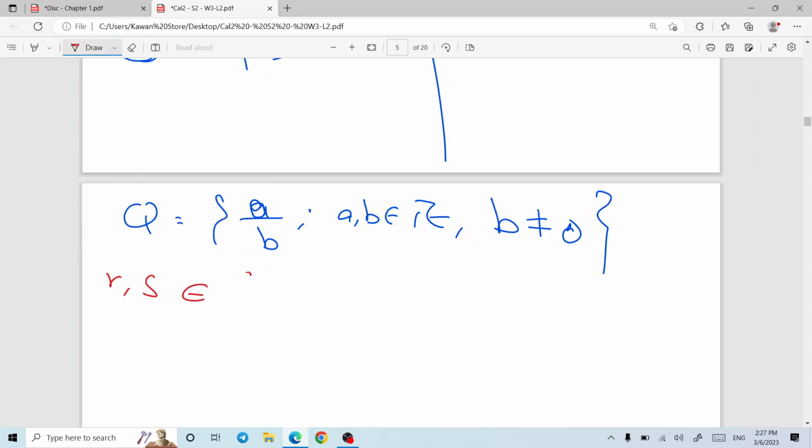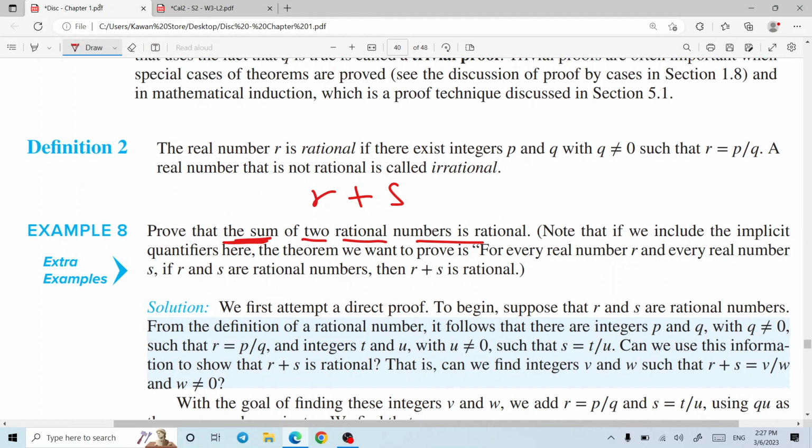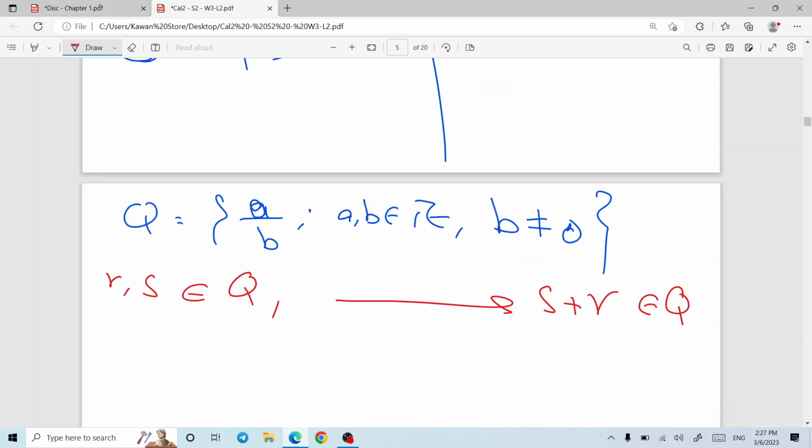Prove that the sum of two rational numbers is rational. So I have R and S belonging to Q. Prove that R plus S also belongs to Q. Just kindly read the statement. We have to prove that the sum of two rational numbers is rational. So R and S belong to Q, then show me the sum of them, R plus S, is also in Q. Can you do it for me?